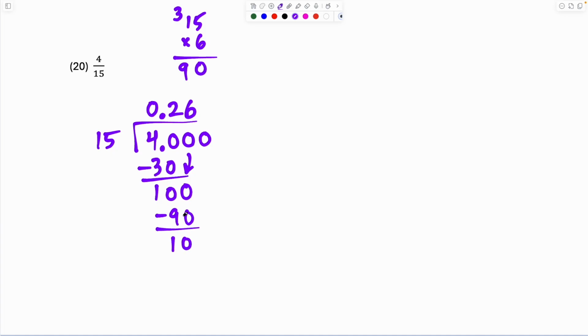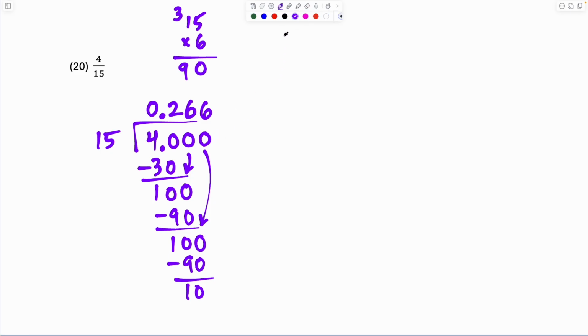Okay, so we have a remainder of 10, which notice that we had a remainder of 10 before, and we just keep bringing down zeros. So this process now is going to continue forever. When I do 100 divided by 15, I could get as close as times 6, which would give us 6 times 15 is 90. I get remainder 10, and I would just keep bringing these down repeatedly.